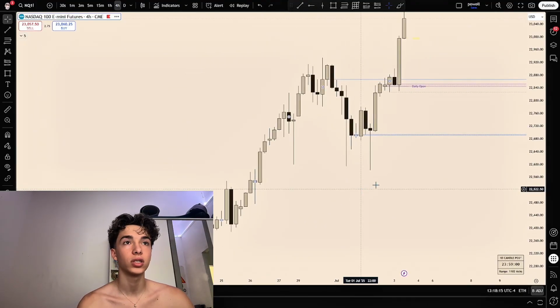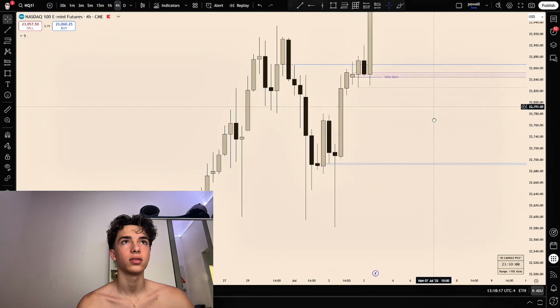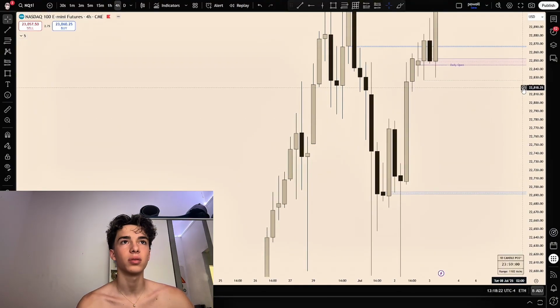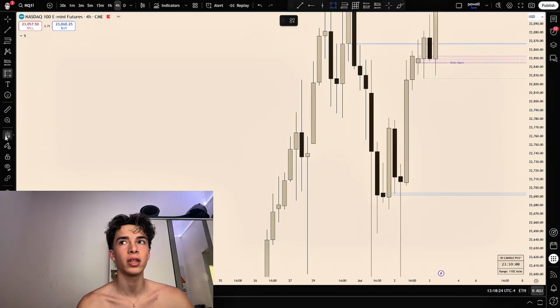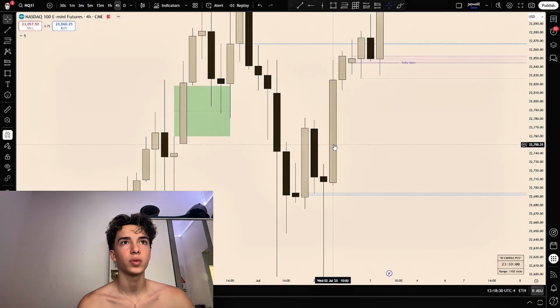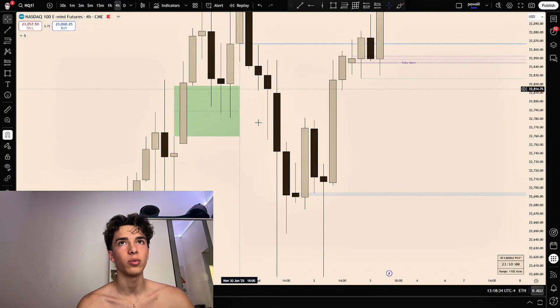This was a very easy concept today, but very useful. Just look at how often this happens. That's a bearish gap. Tapped at 1, tapped at 2, boom.